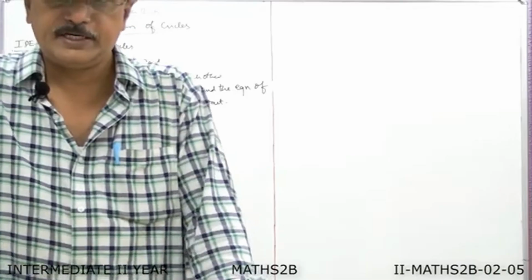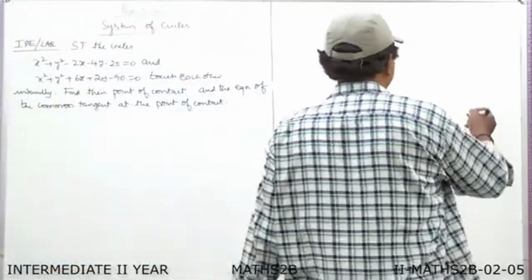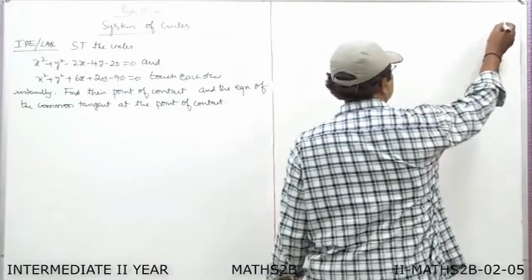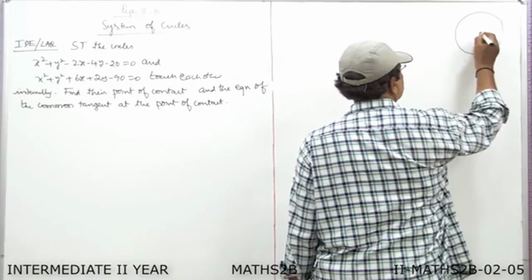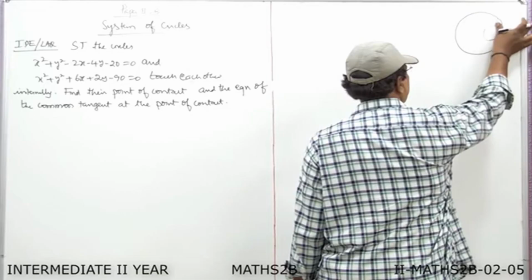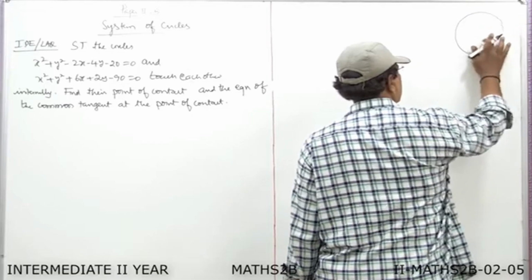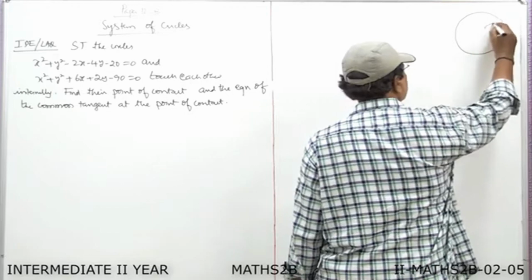How to verify they touch each other internally? Let us draw the figure. You take the two circles which touch internally. This is the center of the first circle, and you take another circle so that it touches internally.